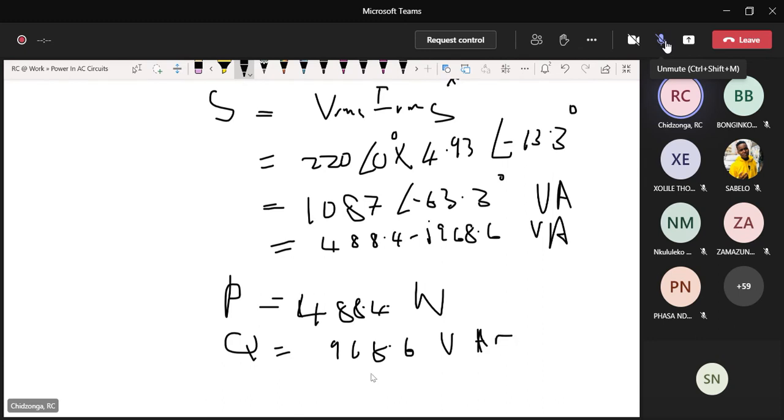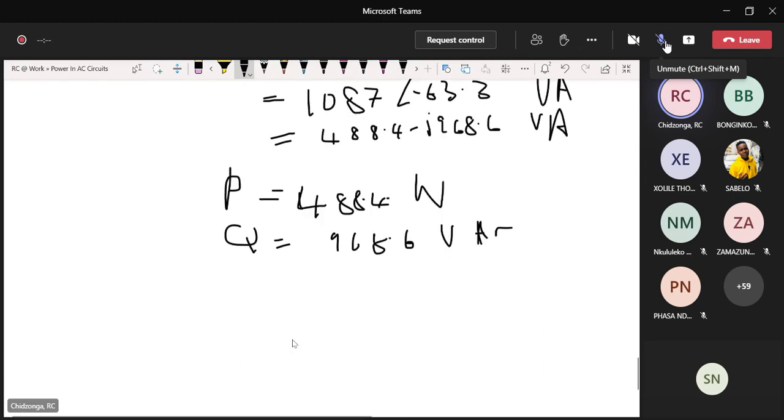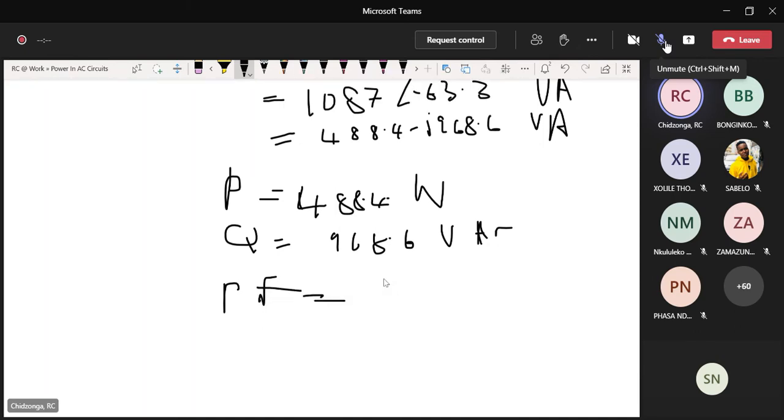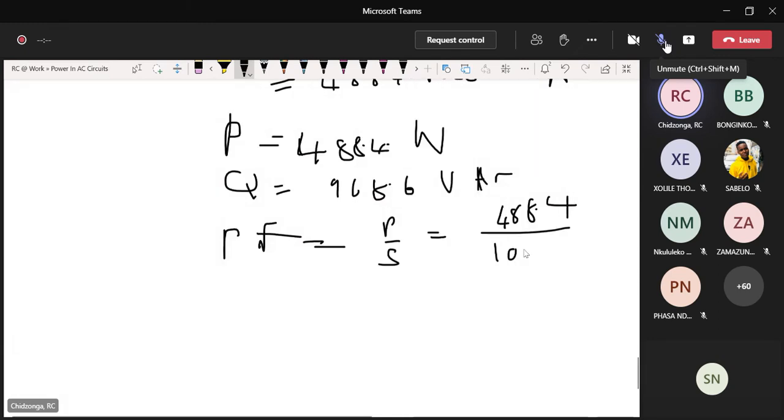If I had asked for power factor, then you would say it's P divided by S, the magnitude. So P is 488.4 and S is 1087, the magnitude.